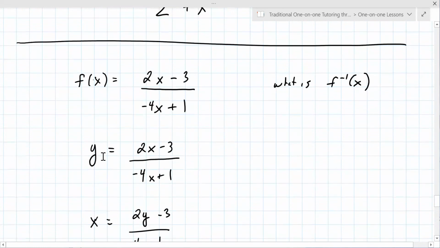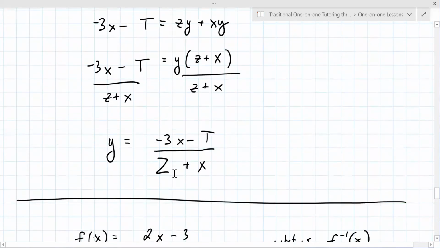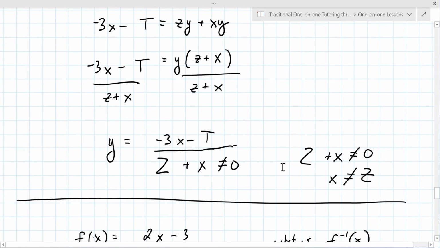Okay, so now let's go back to your problem, which was way up here. This is where we got to. Do you agree with that? Yes, I agree. So the bottom cannot be 0. And this is weird because it's a letter. Z plus x cannot be 0, but that means x cannot be z. The point is that z is a number.